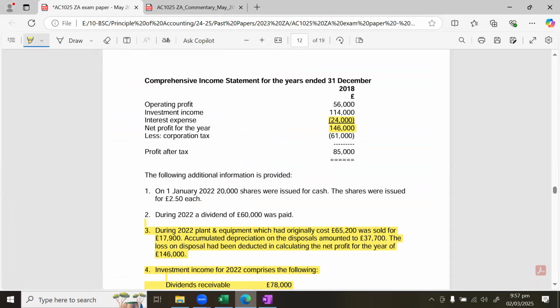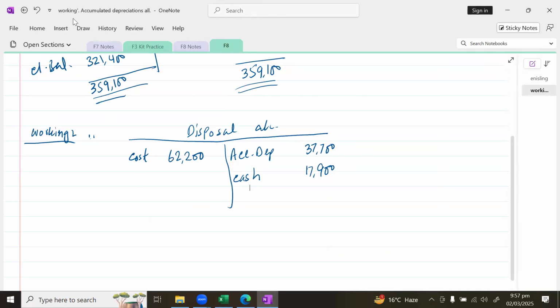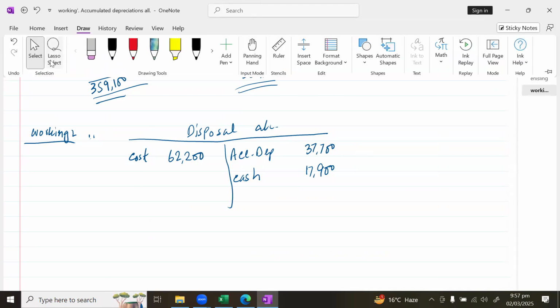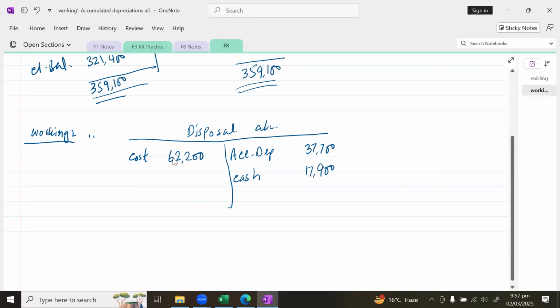During 2022, plant and equipment which had a cost of 65,200.